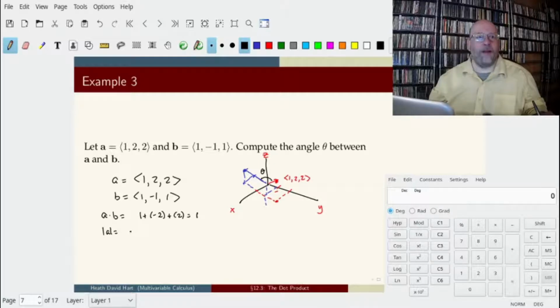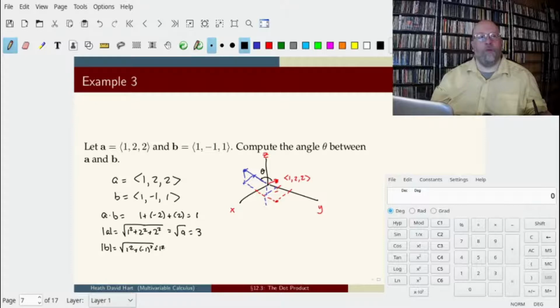The magnitude of A is the square root of 1 squared plus 2 squared plus 2 squared. And that's equal to the square root of 9, which is 3. And then we calculate the magnitude of B, which is the square root of 1 squared plus negative 1 squared plus 1 squared. And that's the square root of 3, which doesn't simplify.